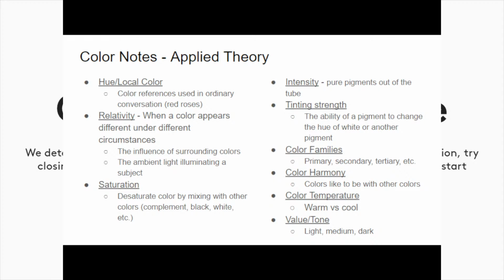Next one. Color families, we talked about those before in our presentation with the artworks from history: primary, secondary, tertiary. Those were color families. Color harmony. Colors like to be with other colors, that's the way I would describe it. There are different types of color harmony.